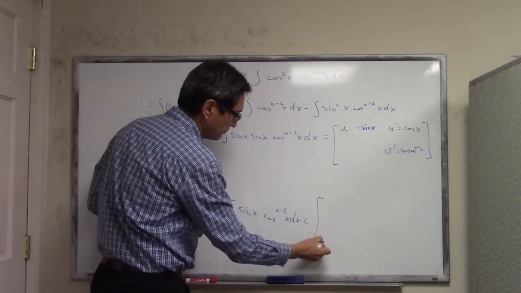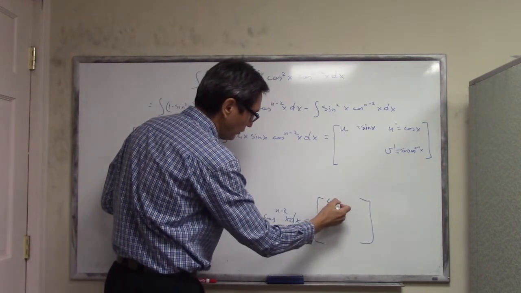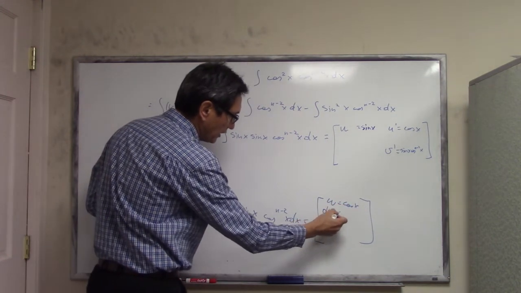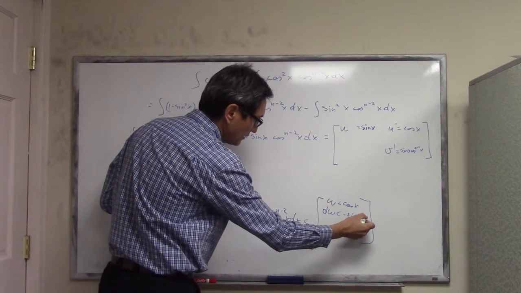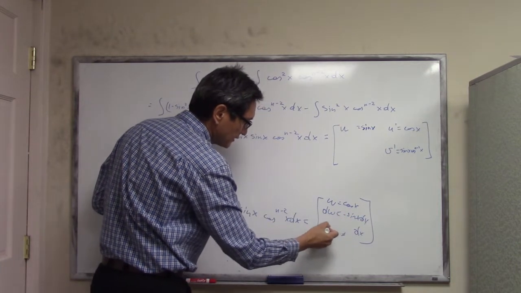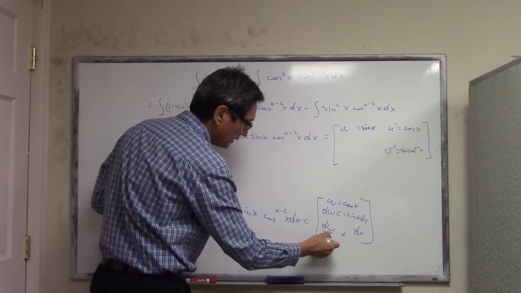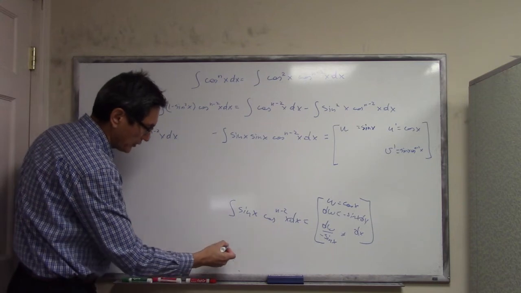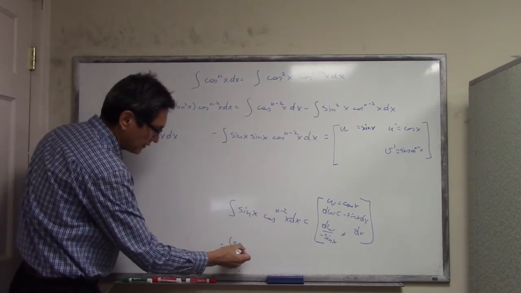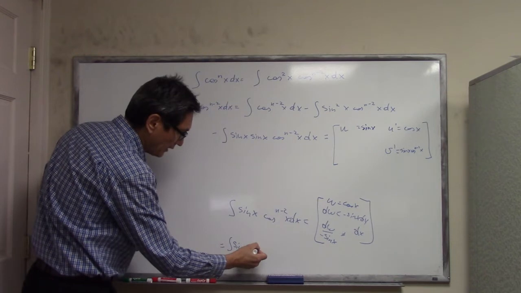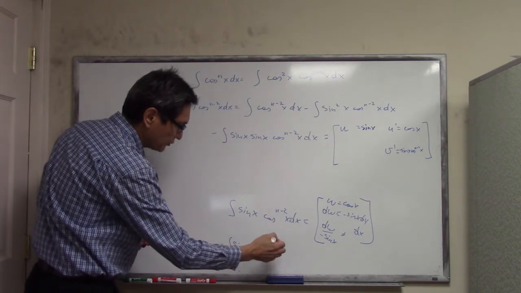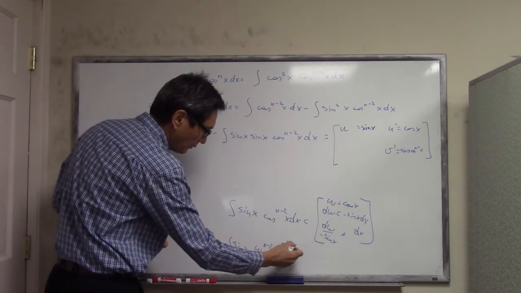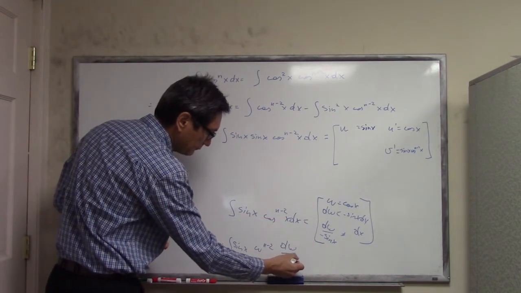So I'll do a w substitution, so w equals cosine x, then dw equals negative sine x dx, so dx equals dw over negative sine x. If I do that substitution, I'm going to get the integral of sine x times w raised to n minus 2, because w is cosine x, and dx is dw over negative sine x.